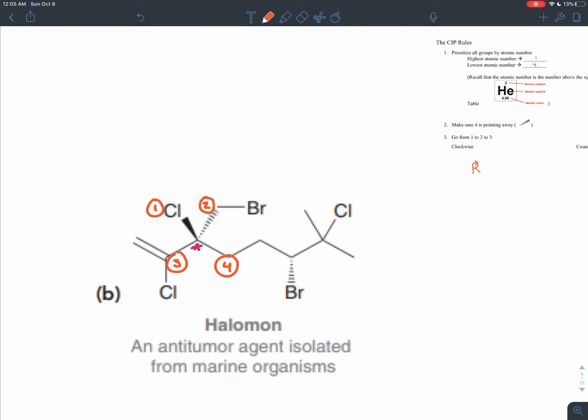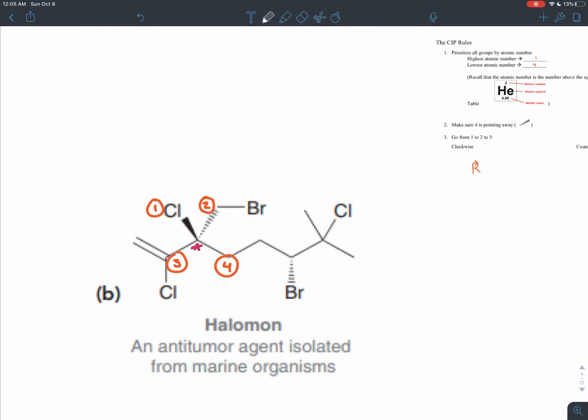See whether we're going clockwise or counterclockwise when we go from 1 to 2 to 3. But here, the most difficult case is when 4 is in the plane. So it's represented by just a regular line. When that's the case, then you want to switch number 4 with the branch that's going away.